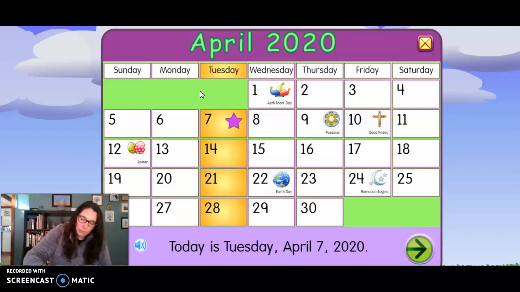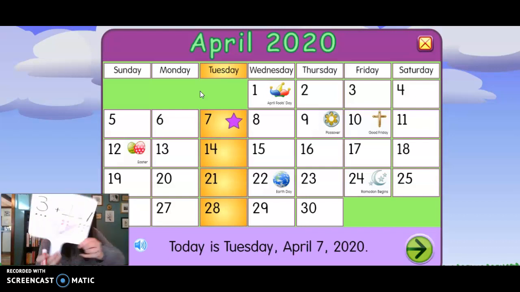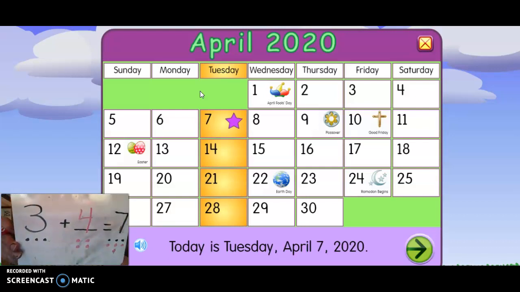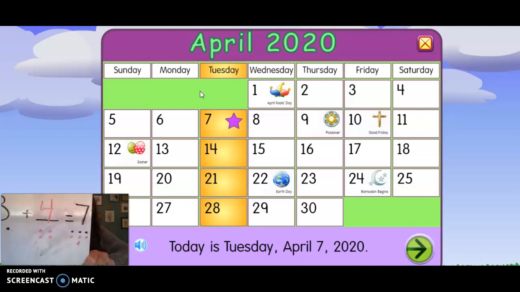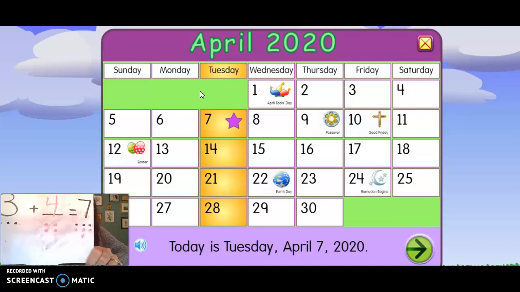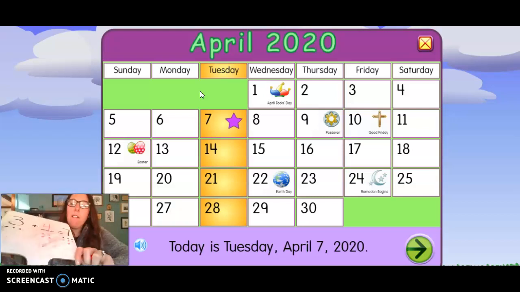All right. 3 black dots plus 4 red dots equals 7 dots all together, right?